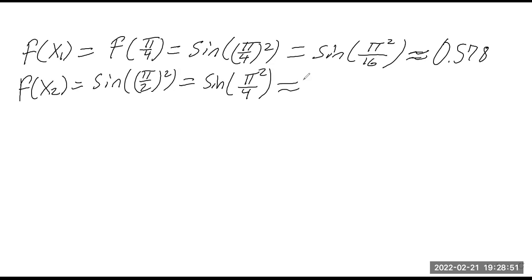But because this is a pi squared now, all right, got to bust out the handy calculator. And what you get, rounding off to 3 decimal places, is a nice 0.624.